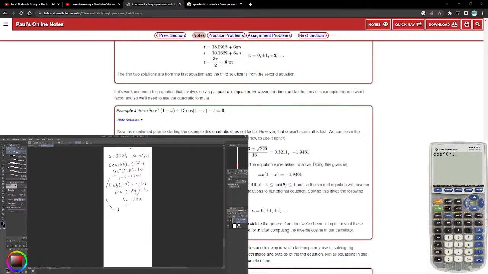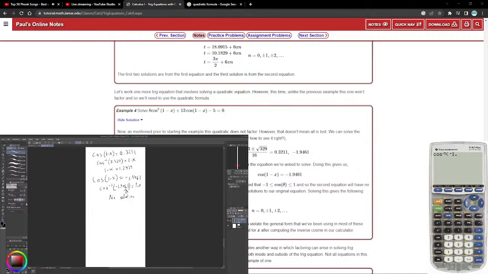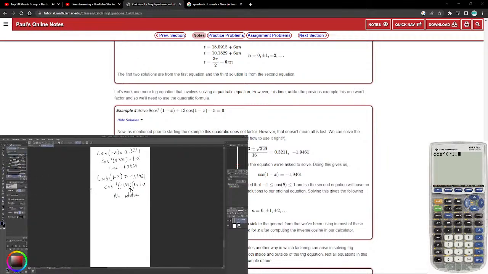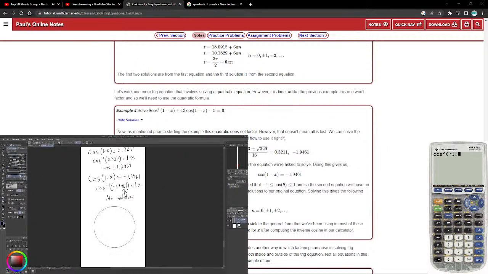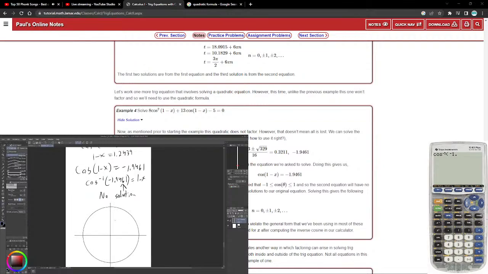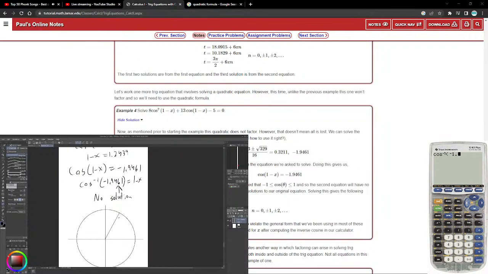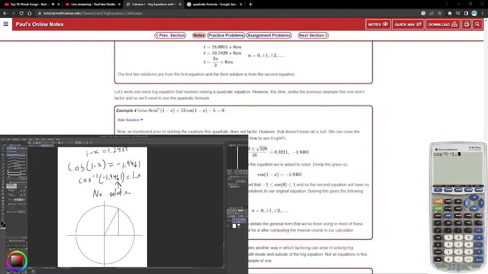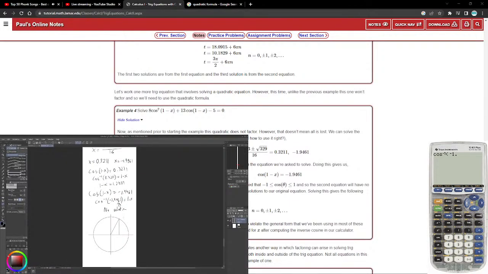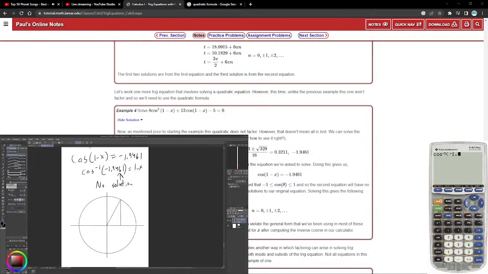Move this down. Or I don't have to, but let's see. I'm gonna find 1.2439, that's definitely in the first quadrant. And this is cos, and it's positive. So all students take calculus.